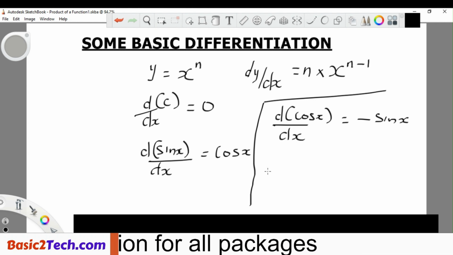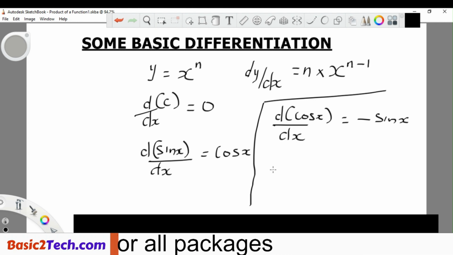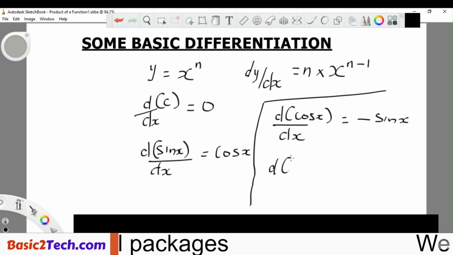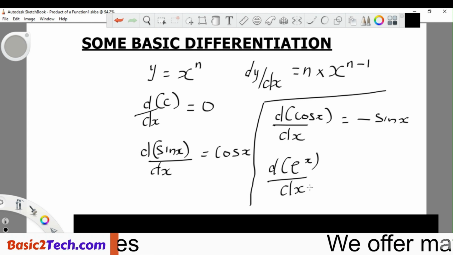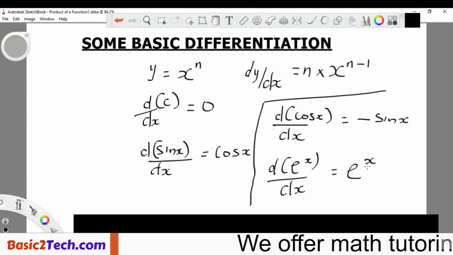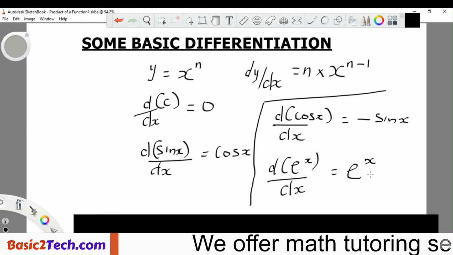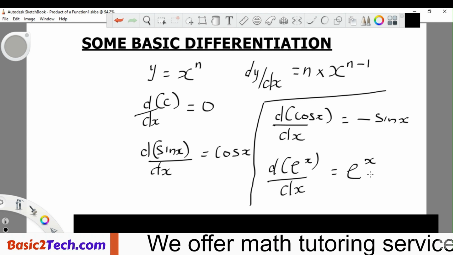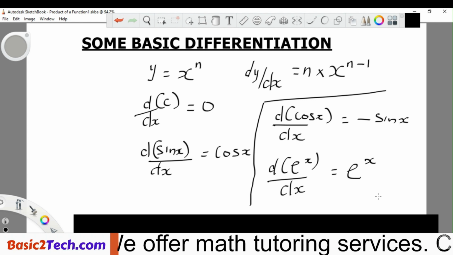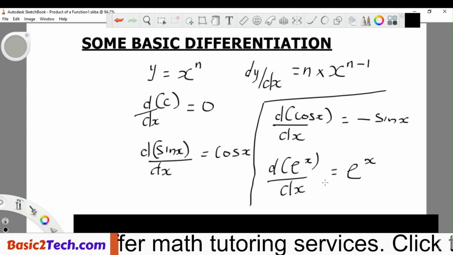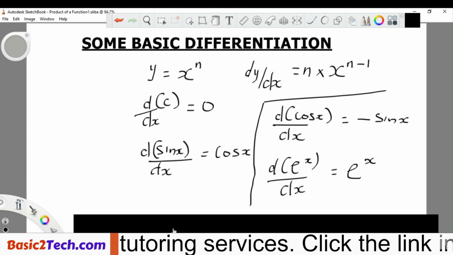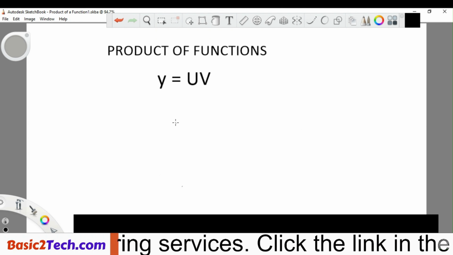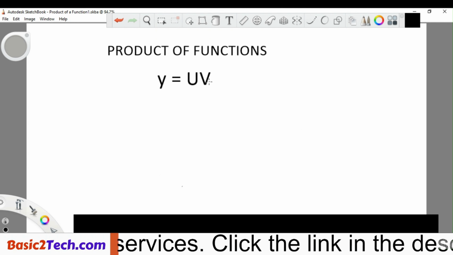And when we differentiate exponential x with respect to x, this gives us exponential x. These are very basic and also useful differentiation that we have to know as we go into the world of calculus. Let's return back to today's topic, which is the product of functions.